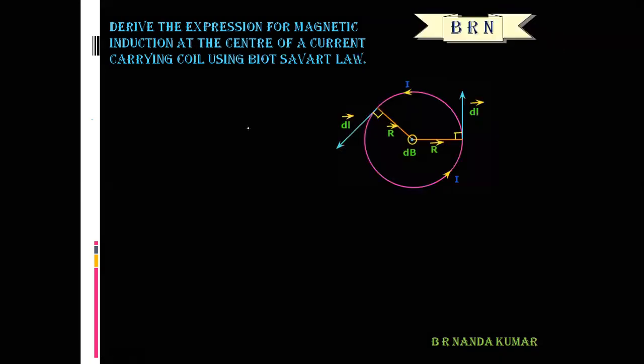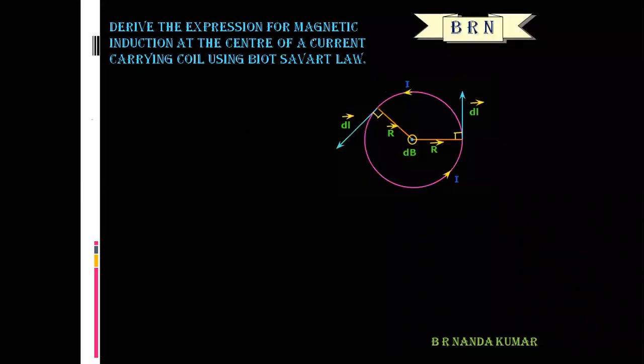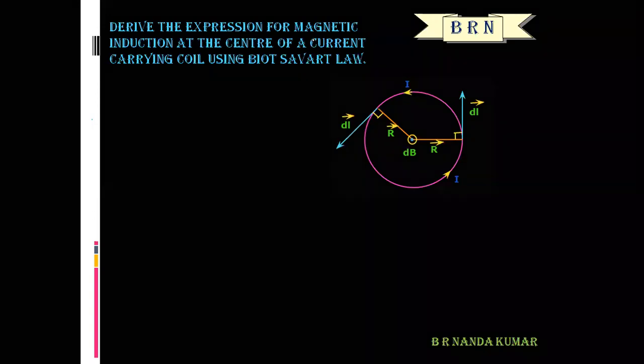First, let us consider a current carrying loop. Here the current is flowing in the anti-clockwise direction. What is the direction of the magnetic field at the center? That can be determined by using the right hand thumb rule.